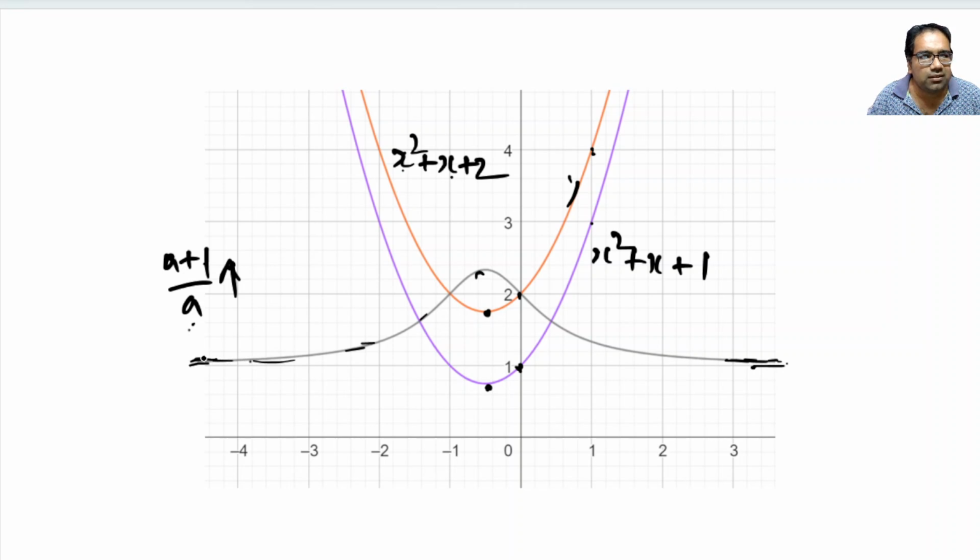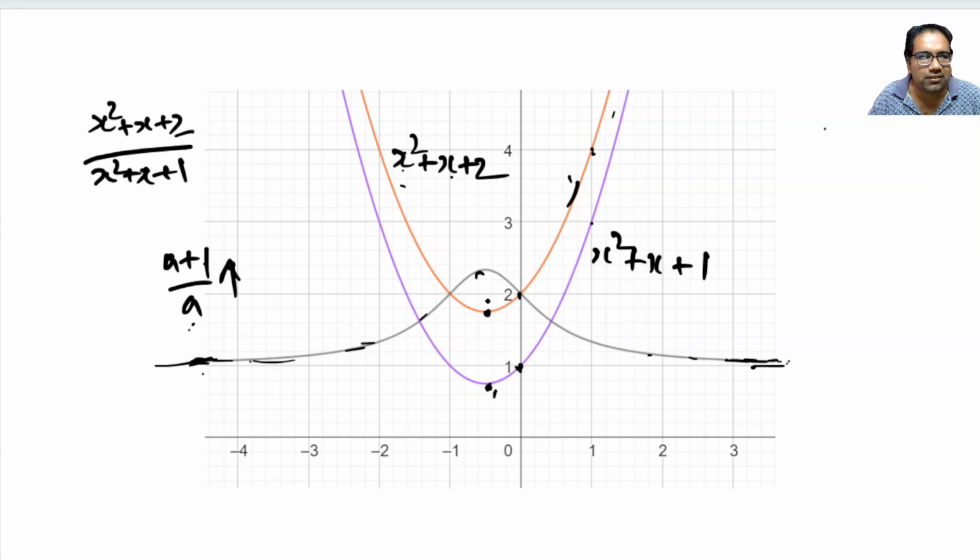It doesn't matter. So x square plus x plus 2 over x square plus x plus 1 will tend to 1 as x approaches infinity, because the two graphs come too close. The difference is 1. The numerator and denominator are becoming very big, but still the difference is 1. That's why the value of the fraction will approach 1.